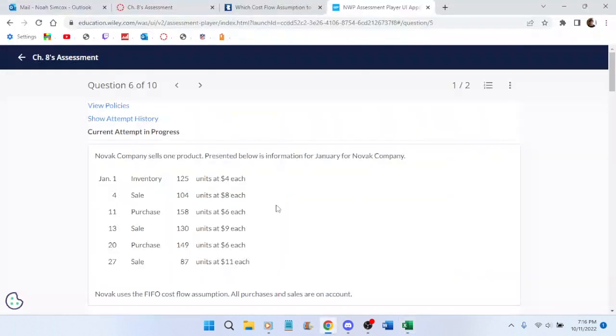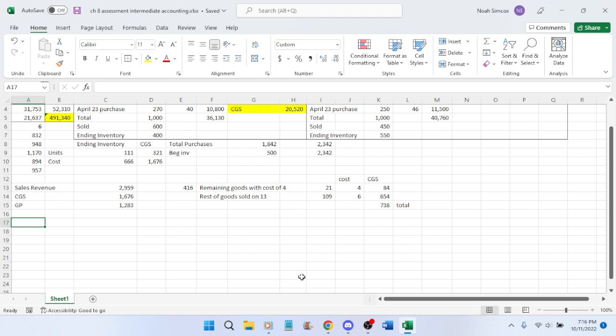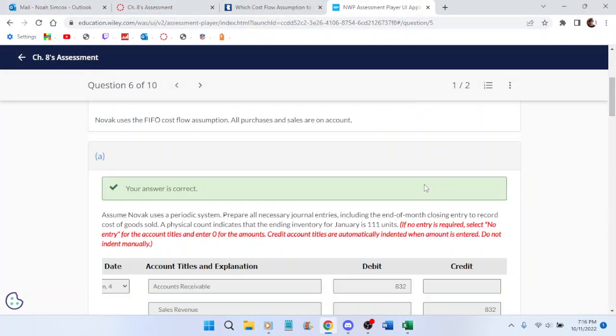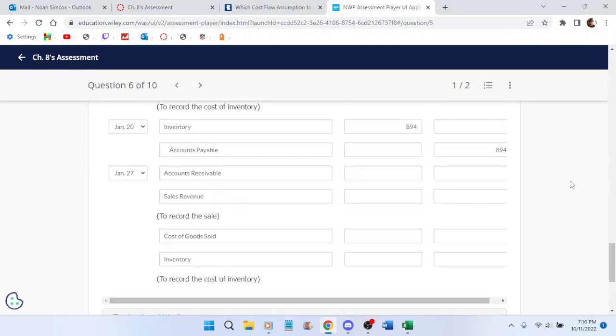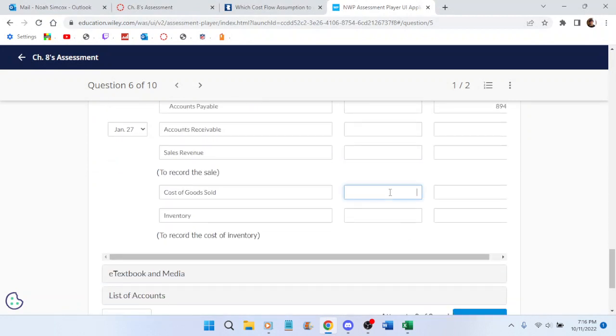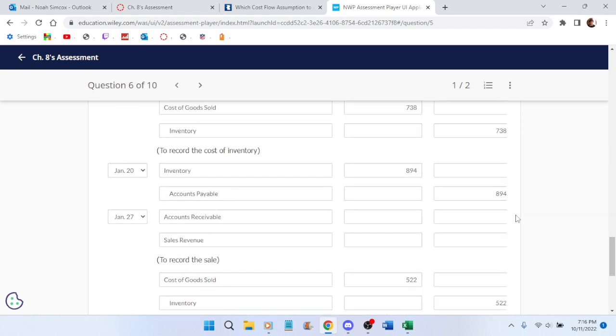How many did they sell? They sold 87, and the cost of those was 6. So 522 was the cost of goods sold for that sale. 522. I'm doing it backwards. Okay.